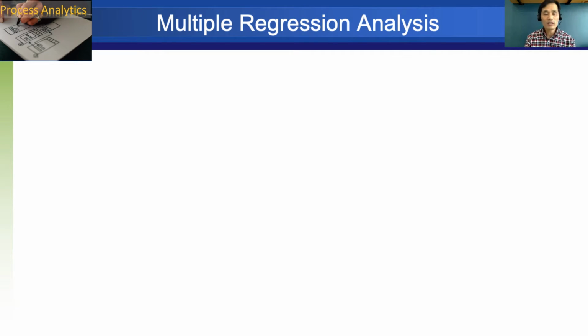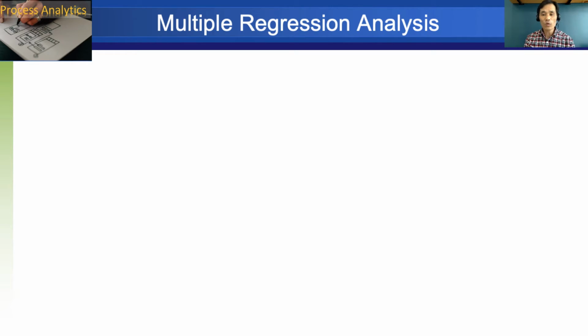Now let's expand it to multiple linear regression. While simple regression considers only one variable, multiple regression takes a few variables into the equation simultaneously. Doing so, multiple regression seeks to determine the linear relationship among independent variables.